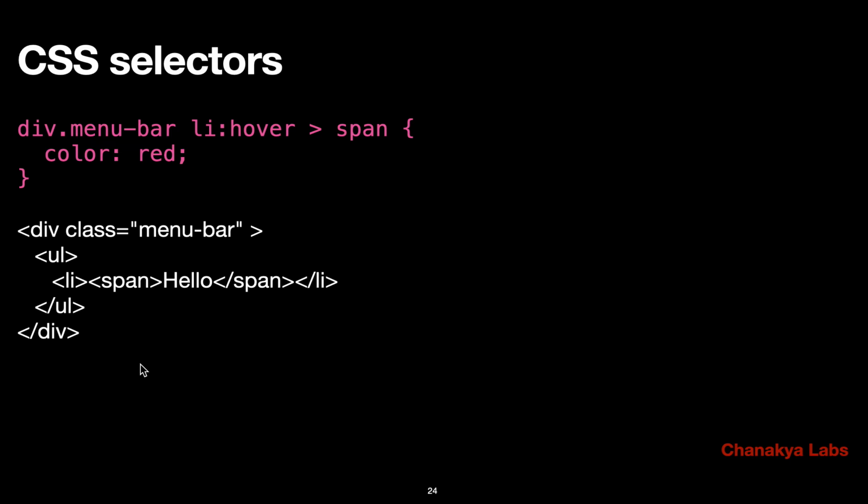Understand? So when this hello is rendered, if you hover over this item, then it will become red, otherwise it will not become red, right?